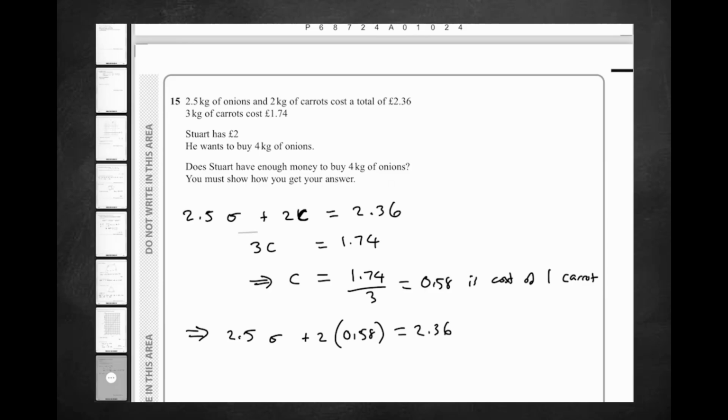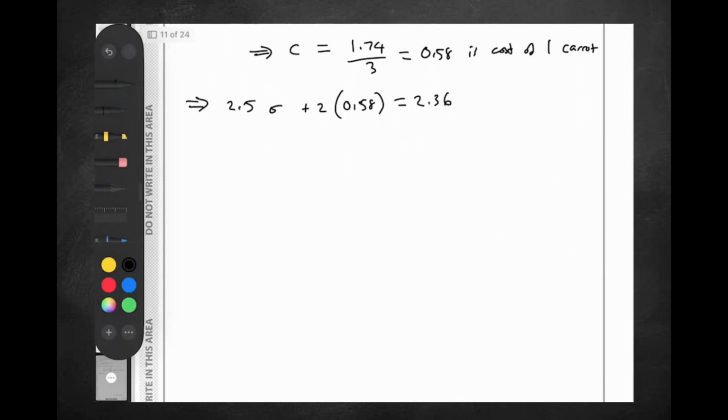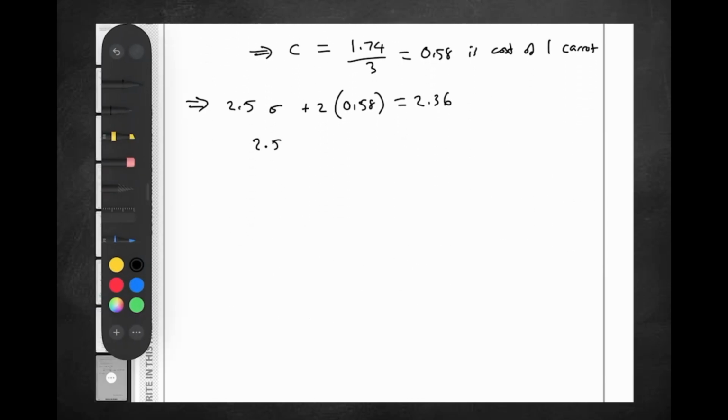I'll just move on down a bit. So 2.50 plus 1.16 equals 2.36. I'll take the 1.16 from both sides, so we have 2.50 equals 1.2. Then we'll divide both sides by 2.5, which I'll do on my calculator.